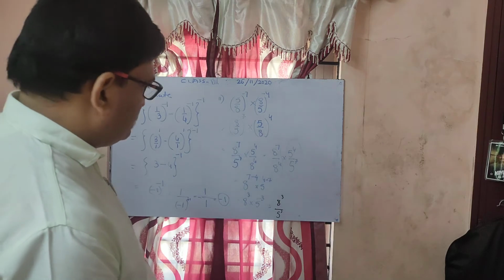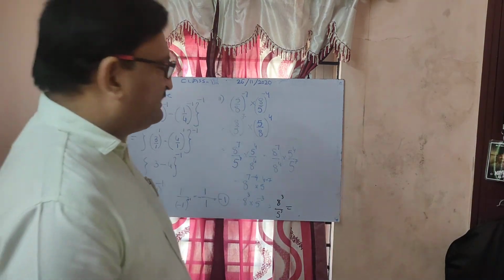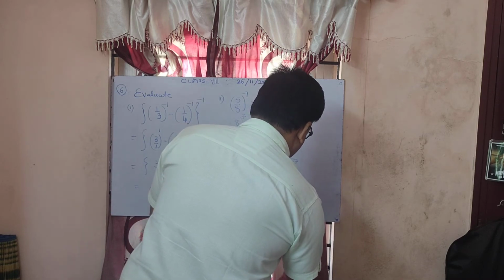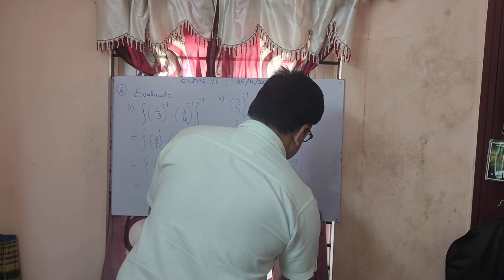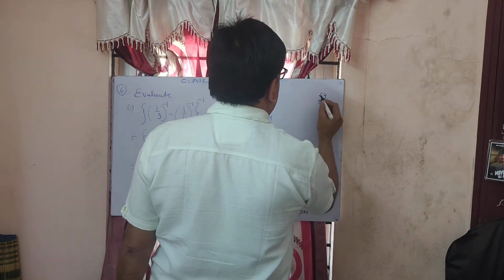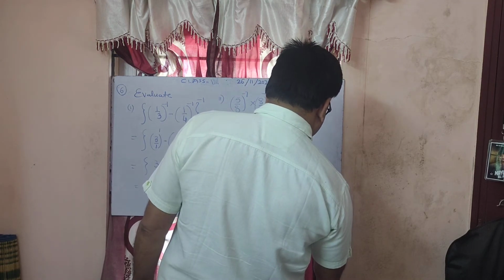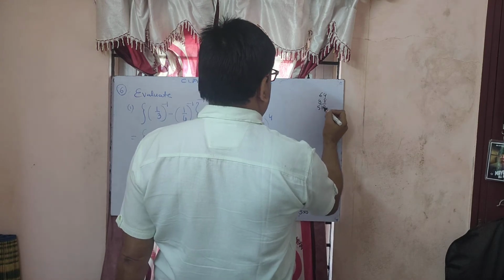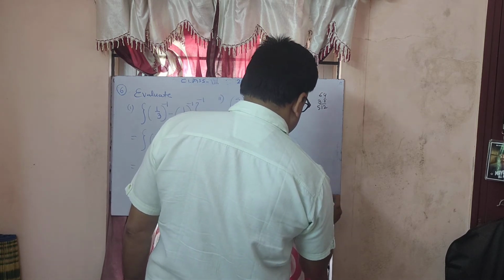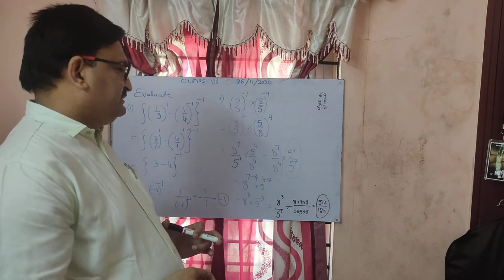Okay now, 8 to the power 3 is how much? 8 will be multiplied 3 times. 8 8s are 64, 64 8s are 512. And 5 cubed is 125. So this is the answer. This way you have to do this example.